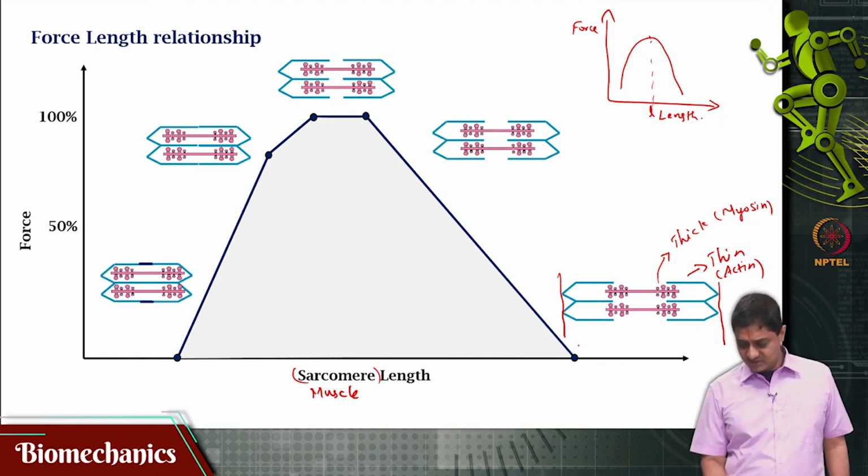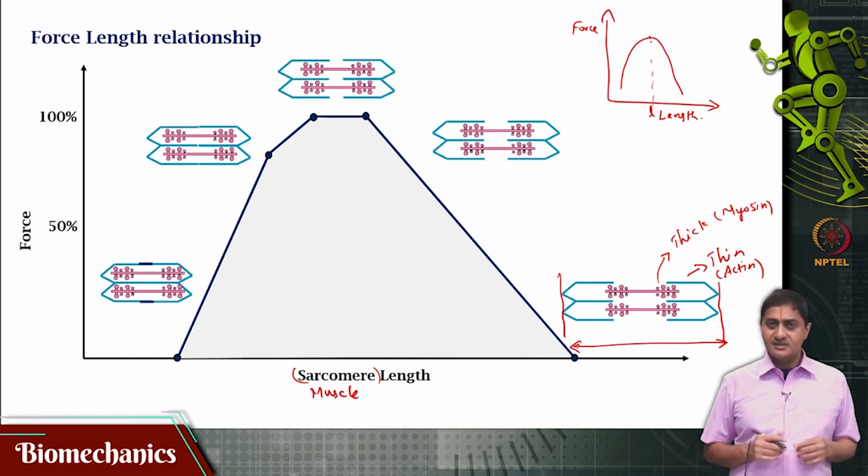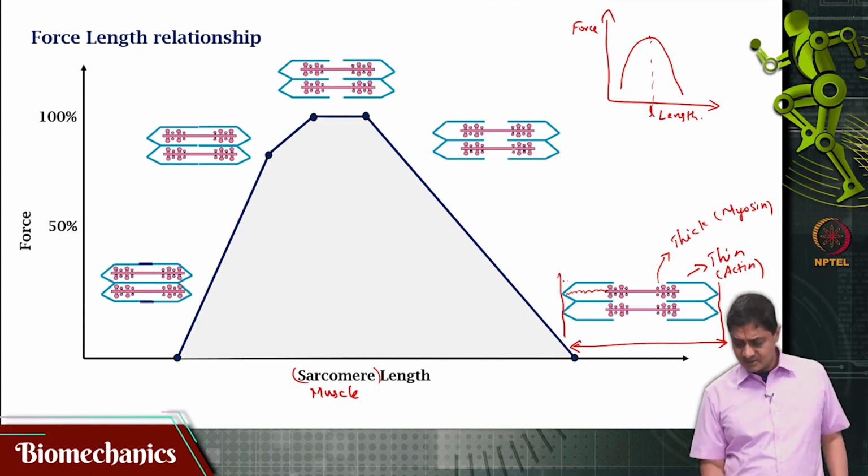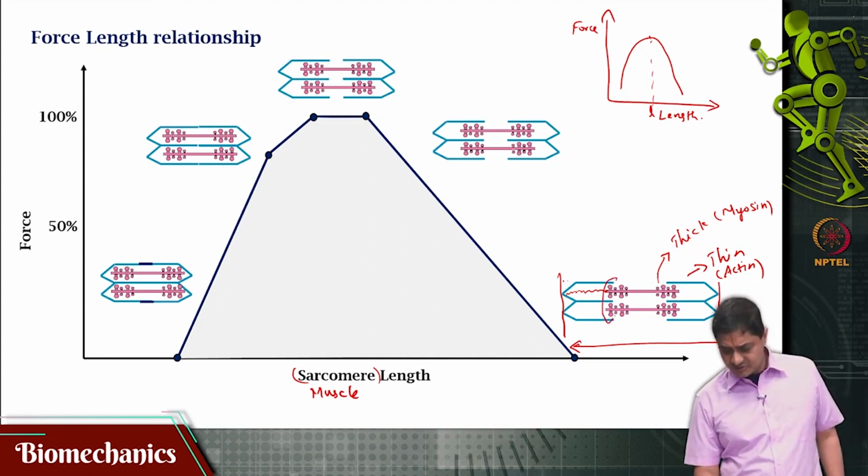The distance between these two Z discs is so high that there is very little overlap between myosin heads and actin binding sites. Because actin is suspended from the Z disc, whereas myosin is suspended through titin from the Z disc, and because the Z discs are already far apart, there is a very small number of myosin heads that can attach to actin.